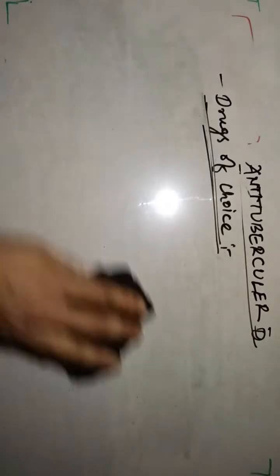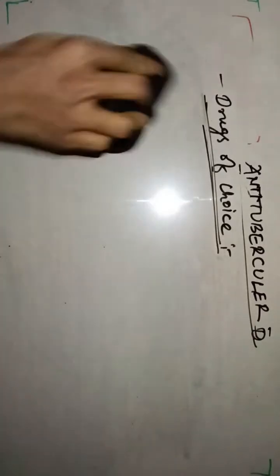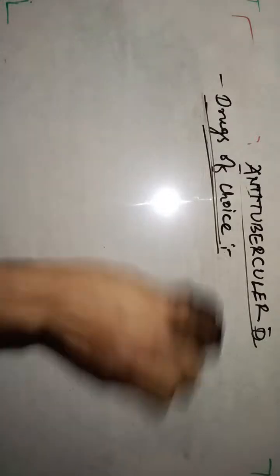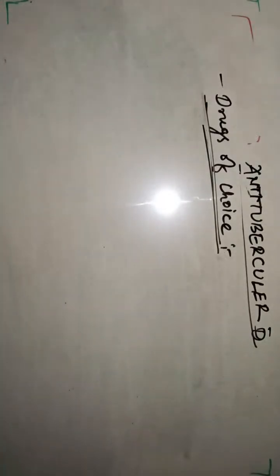See, there are three different classes of tuberculosis drugs. They are first line drugs, second line drugs, and miscellaneous drugs.